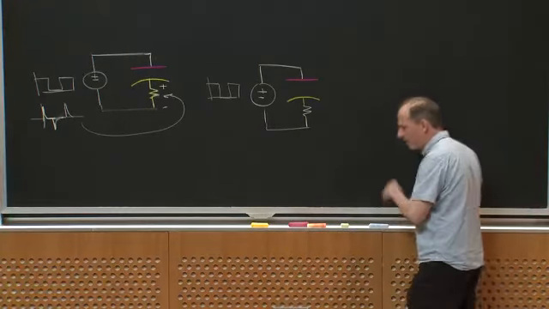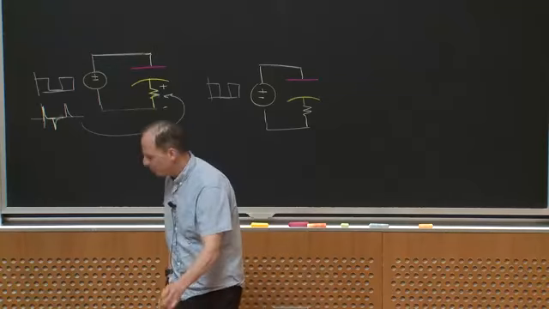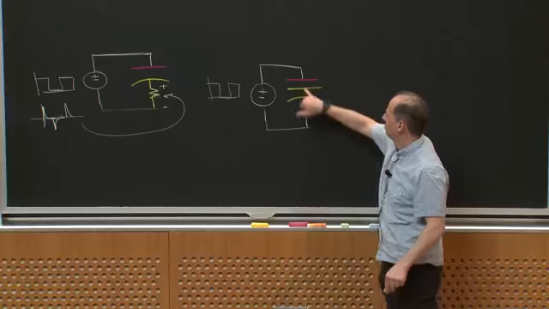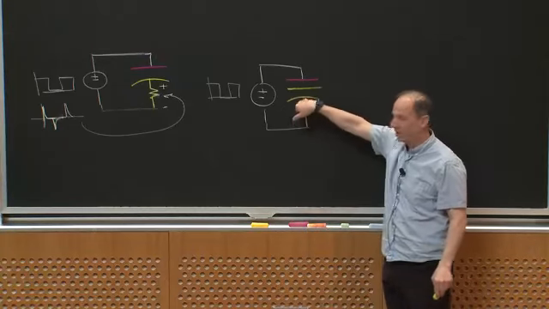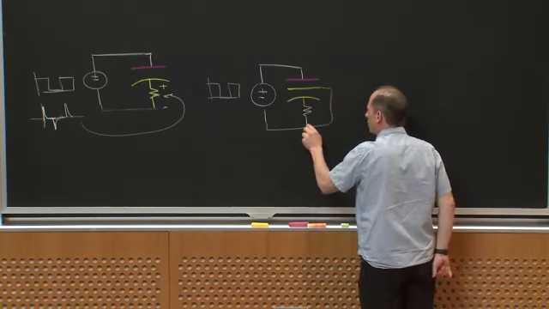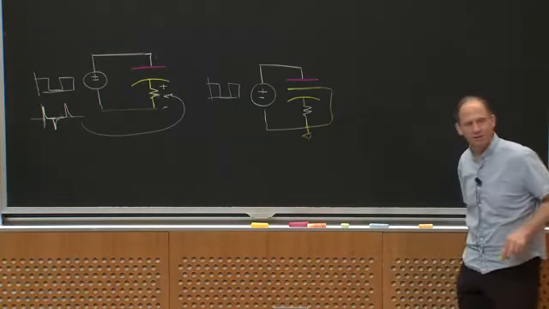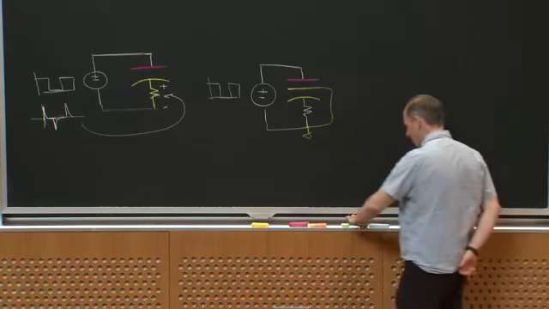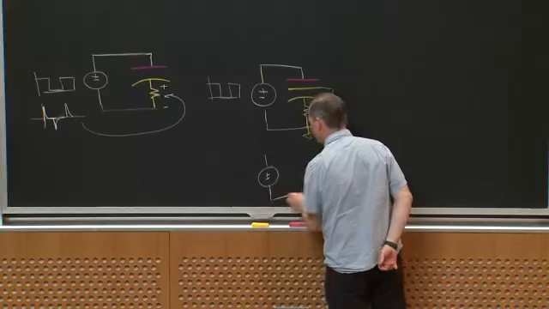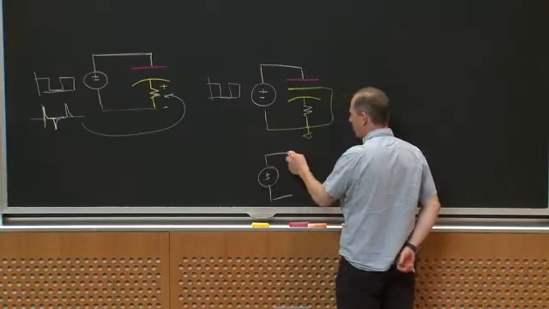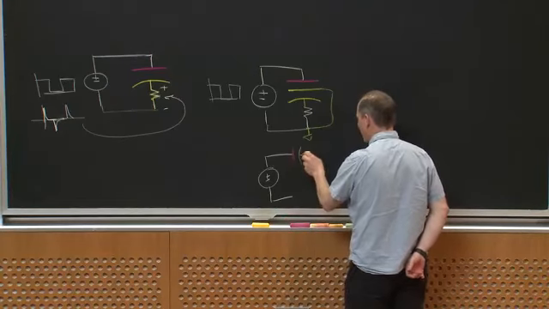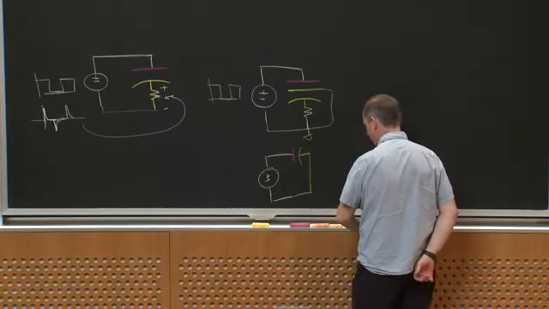Well, what else could I do? Maybe I could put some piece of metal that sits between the noisy node and the sensitive node. And maybe I'll just take that piece of metal and ground it. Okay? So what would be the circuit model for this? I have essentially one capacitor that's tied to ground, right?